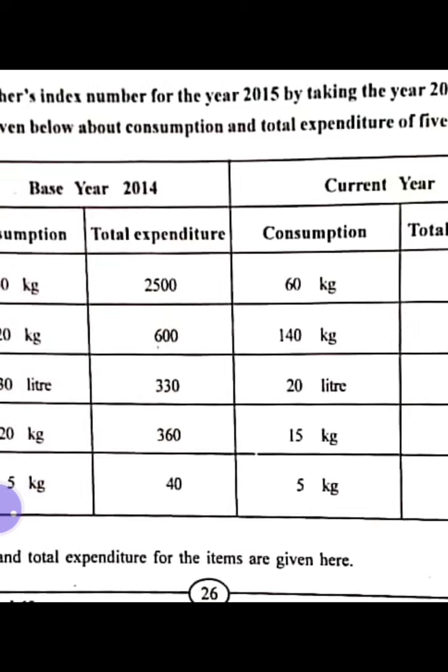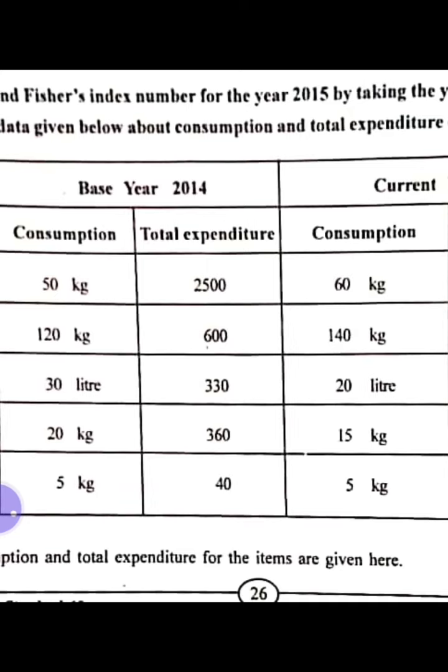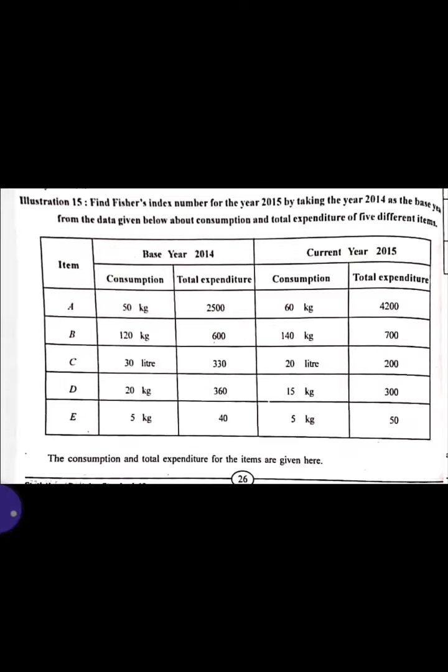Now children, over here they have not given us the price per unit, right? Price per unit of the base year and the current year has not been given to us. So over here we need to calculate them. Over here we don't have P0, we don't have P1, so we need to calculate them, right?